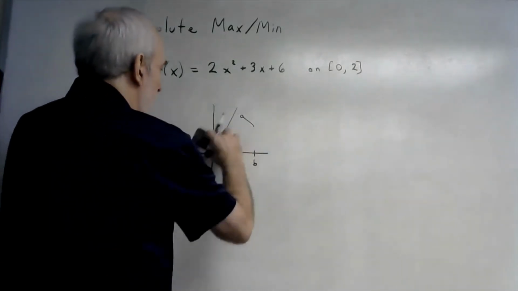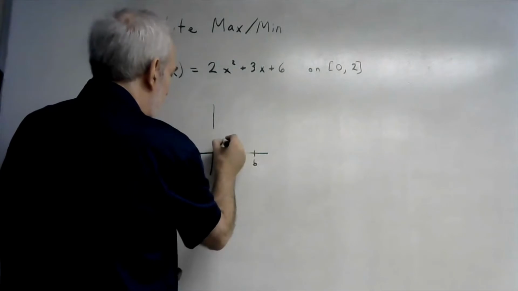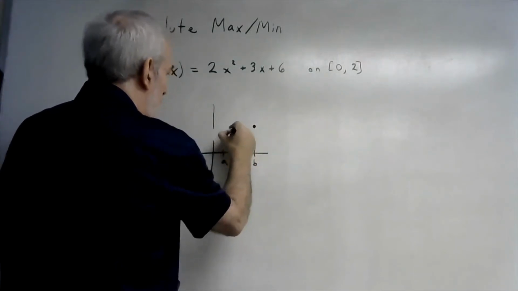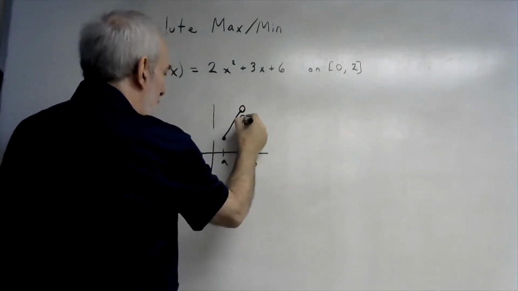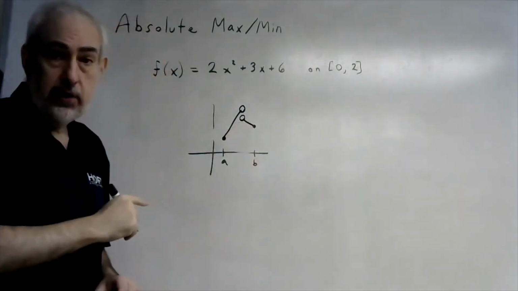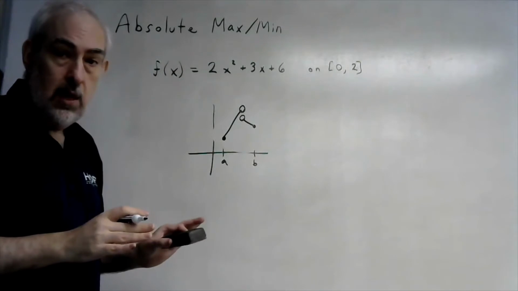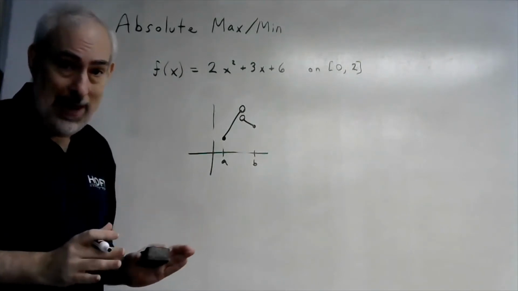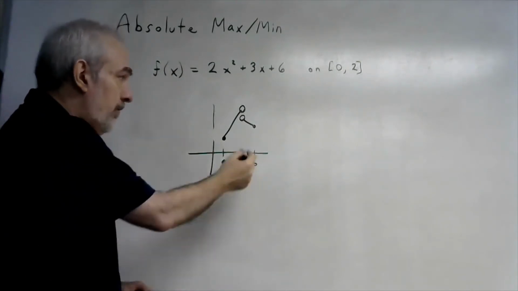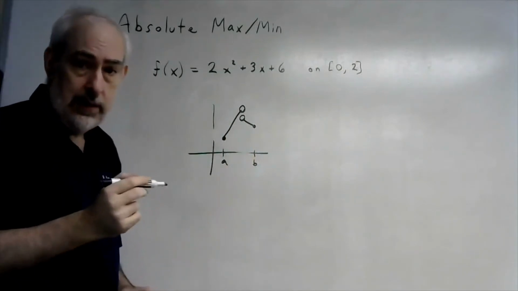Let me make this a little bit clearer. What if we had this function? It's not continuous, and notice there's no absolute max. That's because I didn't fill this circle in with a solid dot.